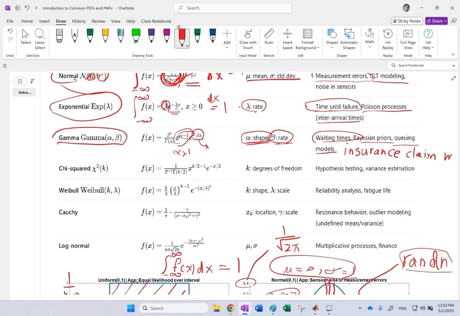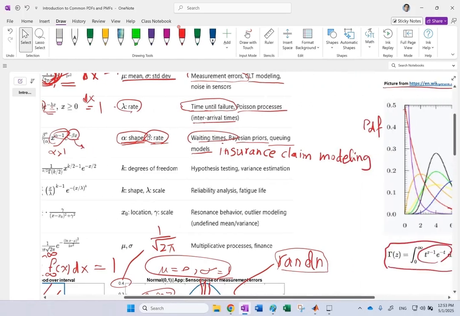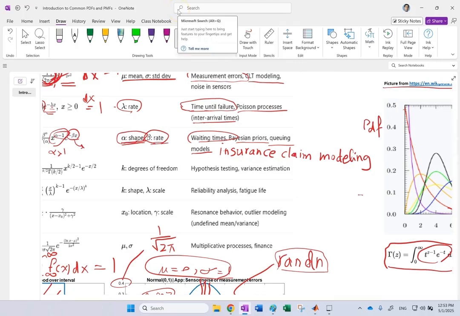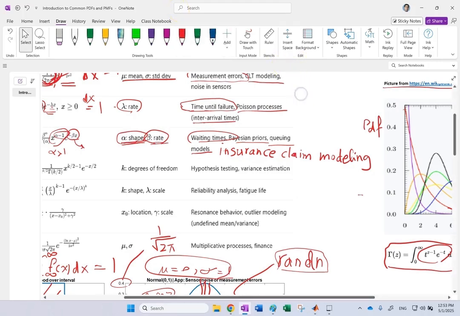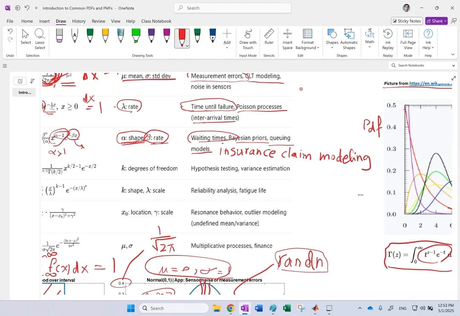Okay, so you see why alpha is compared against 1, and beta here has the effect of rate. And as I said, if you look at insurance claims and the aggregate insurance claims, that's one of the places where you see the gamma function. In rainfall, there is another one.